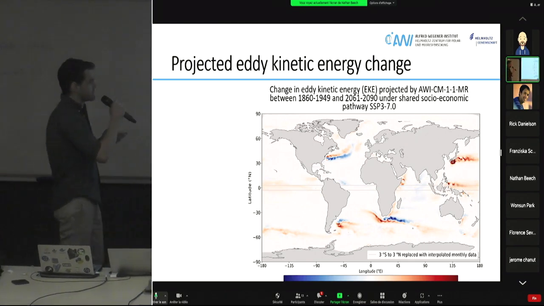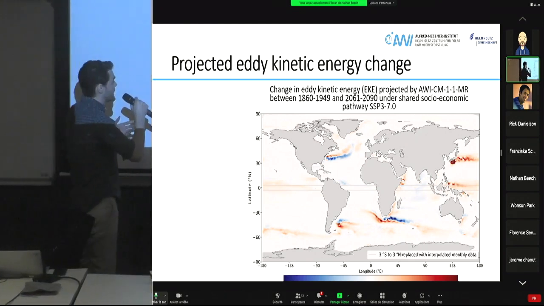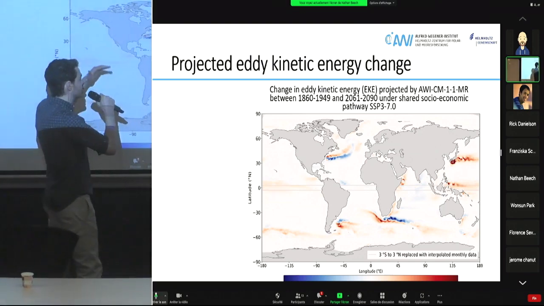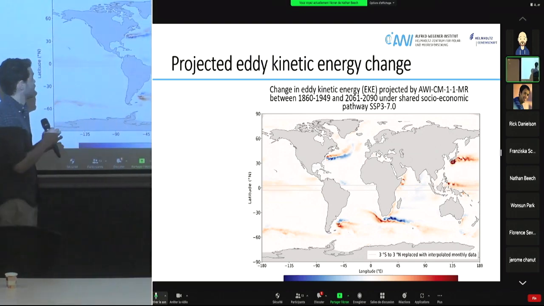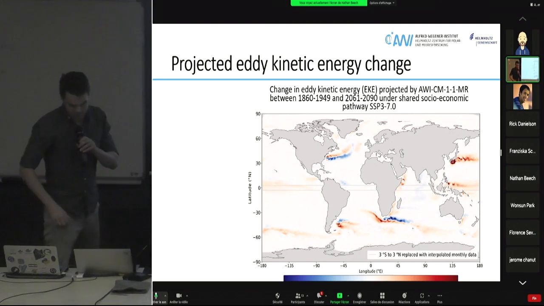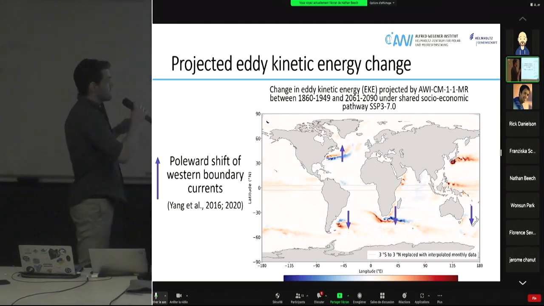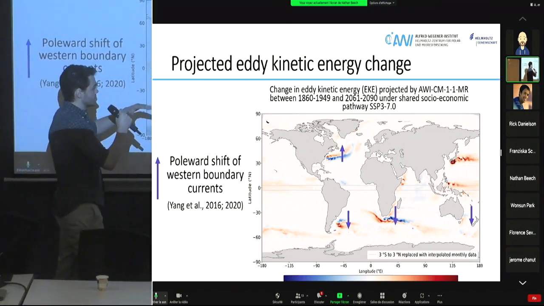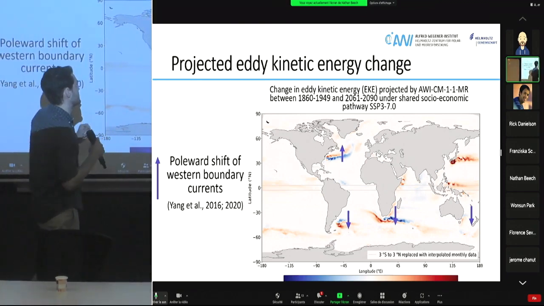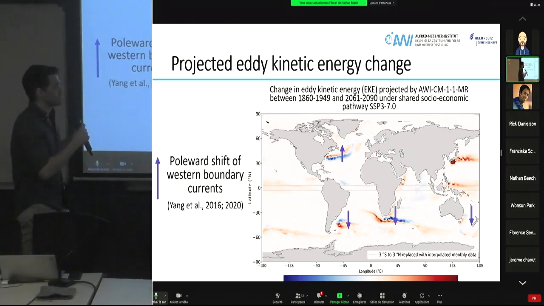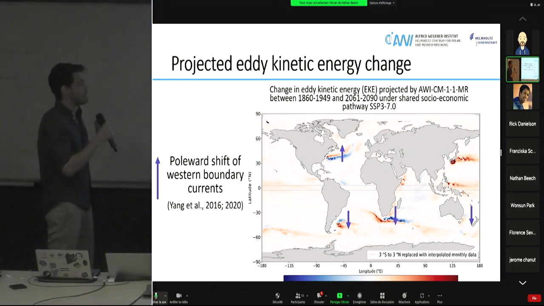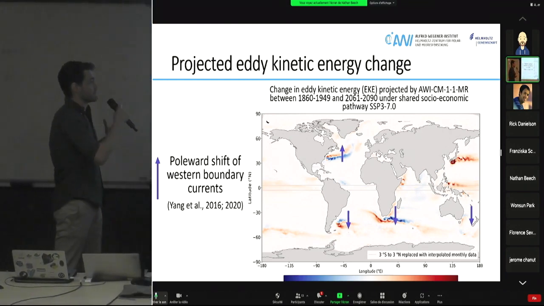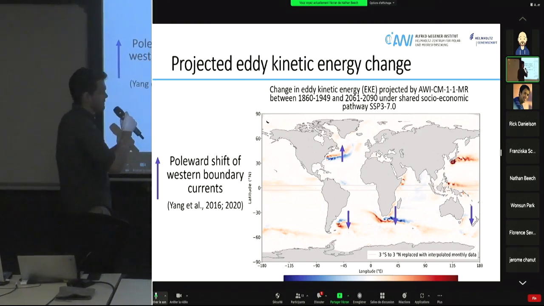And so a few things are probably going to stick out right away, and perhaps the most striking is the poleward shift of eddy kinetic energy in most of the western boundary currents. So we have this dipolar pattern where eddy kinetic energy increases towards the poles and decreases towards the equator, and that seems to reflect a spatial shift of the eddy-rich regions that correspond to these western boundary currents.